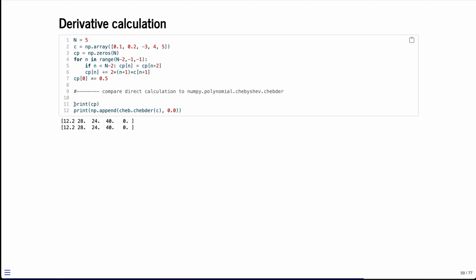We output that, and then we compare it against the chebder function, where we append the 0 to the last value, and you can see that the two arrays are identical. So that's how you can calculate the derivative of the Chebyshev series.